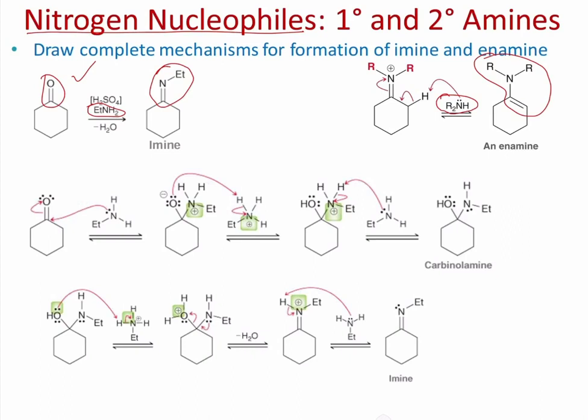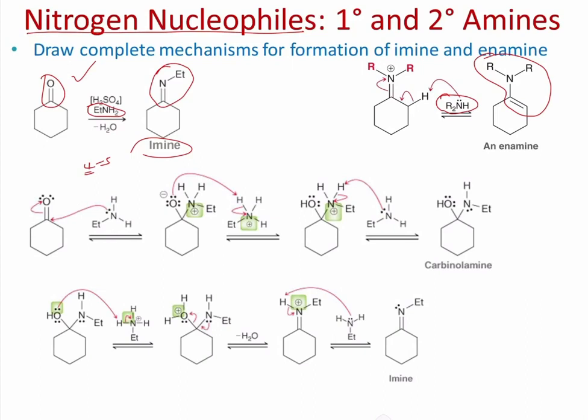Okay, so what is the mechanism for these processes? Let us start with the imine. This reaction takes place at a pH of between 4 to 5, okay, so that the amine could still be nucleophilic enough.